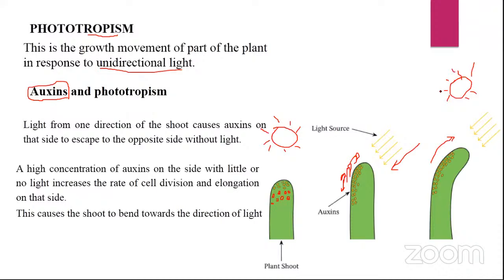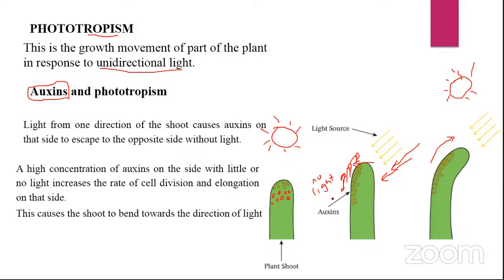But when the sun is in a given direction and light is shining on the part of the tip from a given direction, it's going to make the auxins move to the dark side where there is no light. So no light here. The auxins are going to accumulate here and run away from the lighted side.